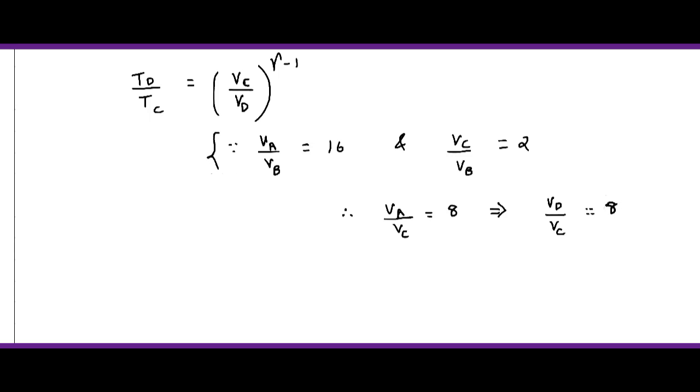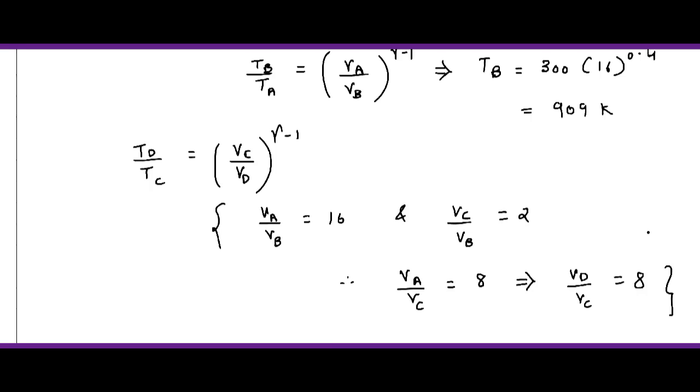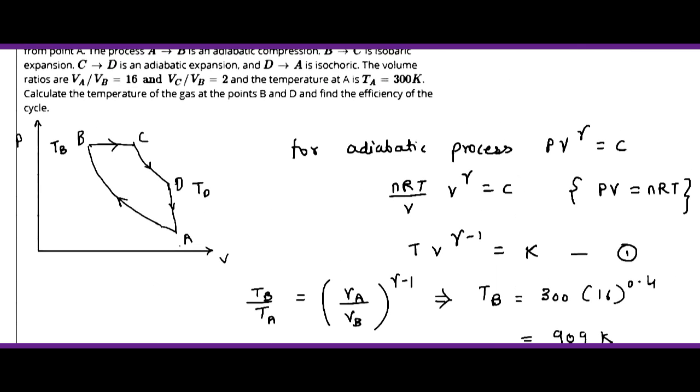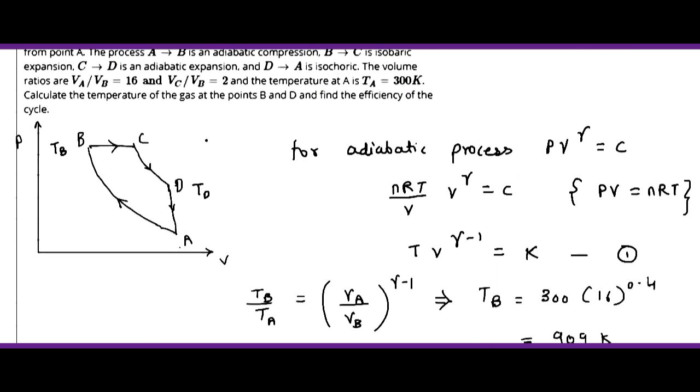This is just for understanding. Therefore, TD will be equal to TC into VC by VD, which is 1 over 8 raised to 0.4, and we need the value of TC.